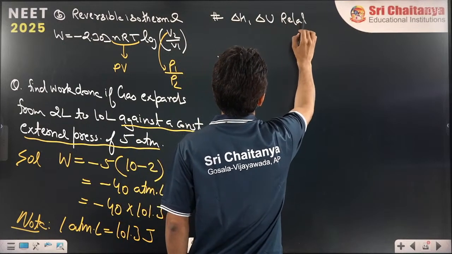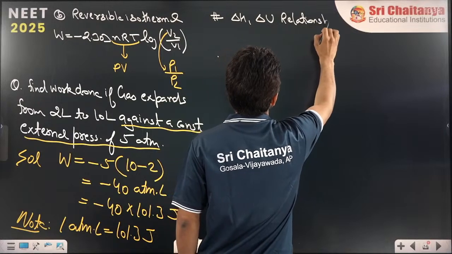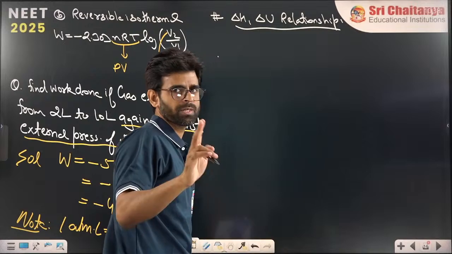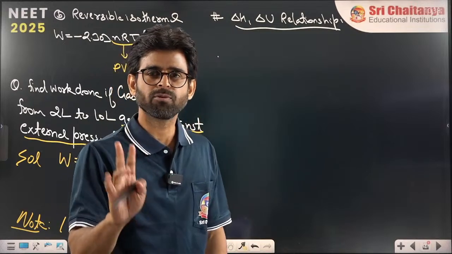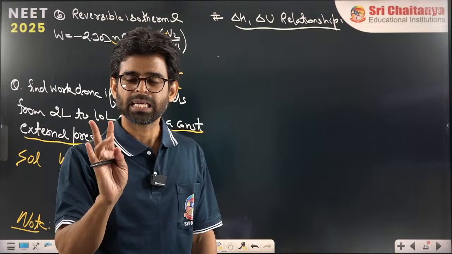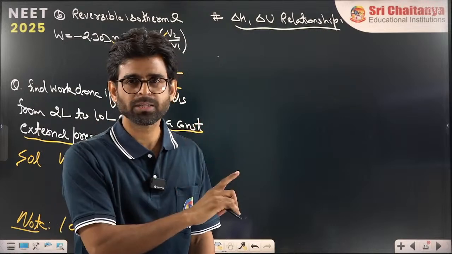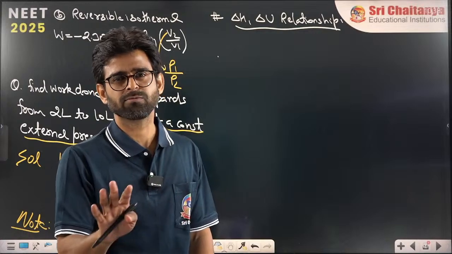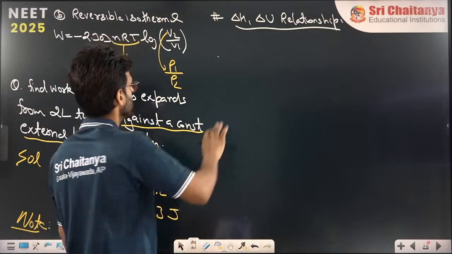Again, a very important point from the NEET point of view. Every year thermo gives you 2 questions. These 2 questions can be from work done, from the delta H, delta U relationship, otherwise delta G. So these 3-4 topics are fixed from where they always ask questions.